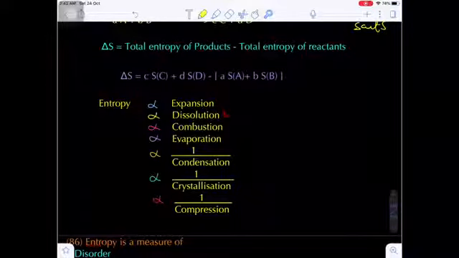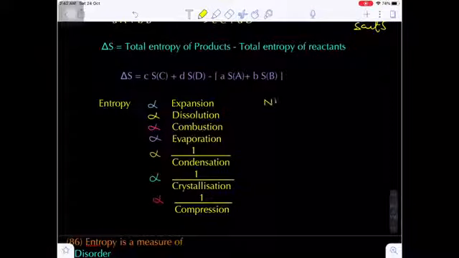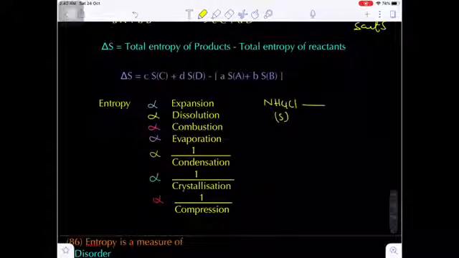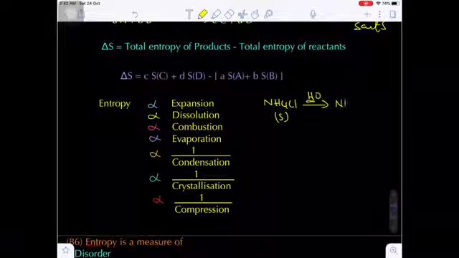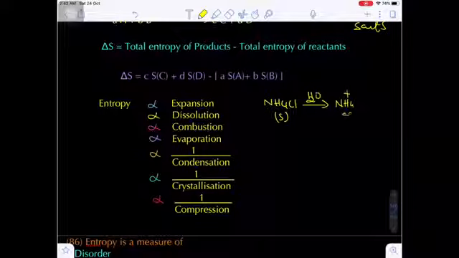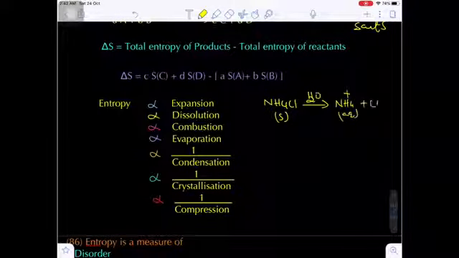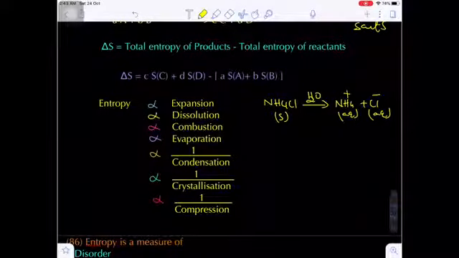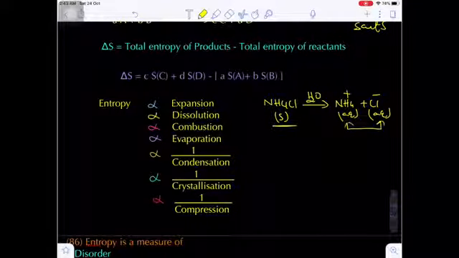Next, dissolution. Let's suppose we are dissolving ammonium chloride. Ammonium chloride is a solid substance. When ammonium chloride is dissolved in water, how does it dissociate? As an ammonium aqueous ion as well as a chloride anion. So in this reaction what happens? 1 mole of a solid substance will be dissociated into 2 particles.